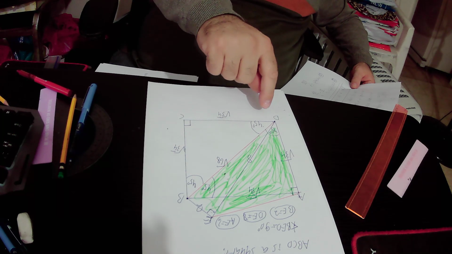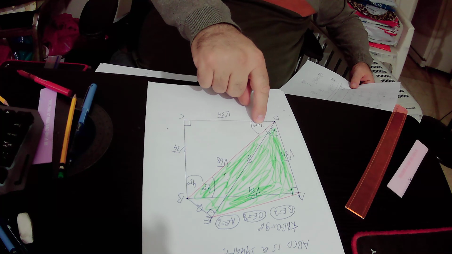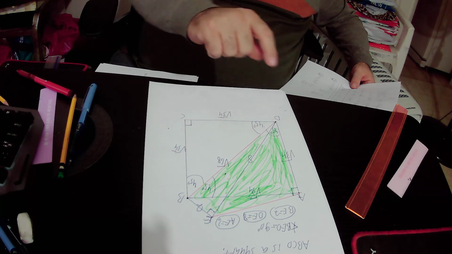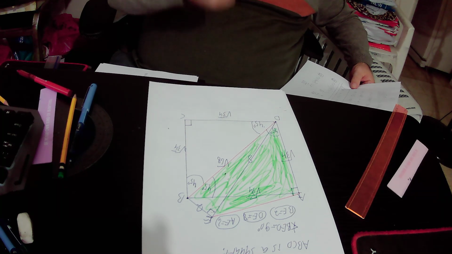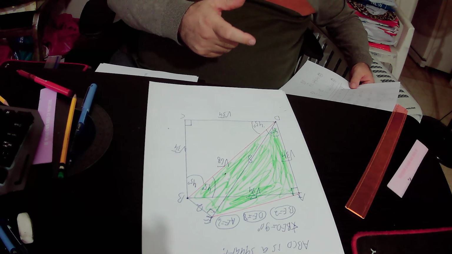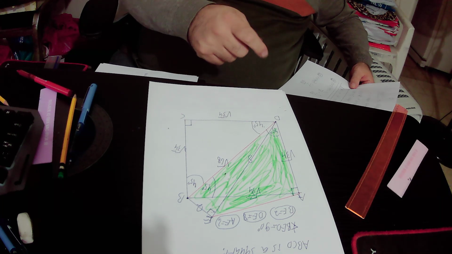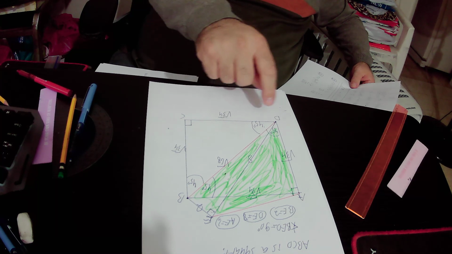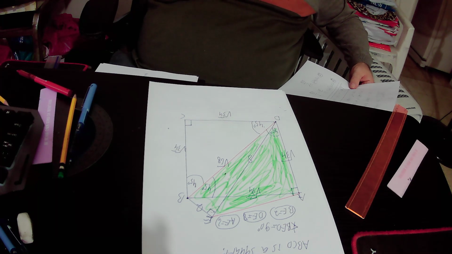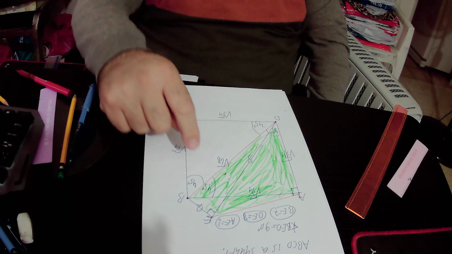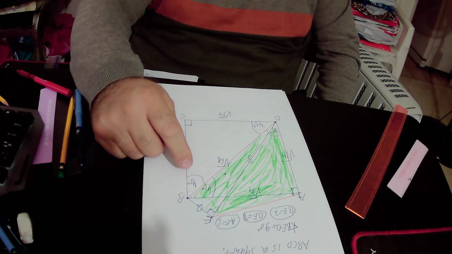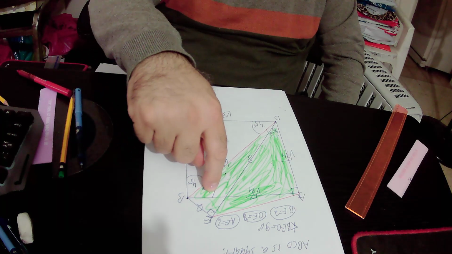That is to say, this angle will be equal to 45 degrees, and this angle also equals 45 degrees. Why? Because it bisects the angle. Okay, it divides it into two equal angles. Likewise, this angle equals 45 degrees, and this angle will also equal 45 degrees.